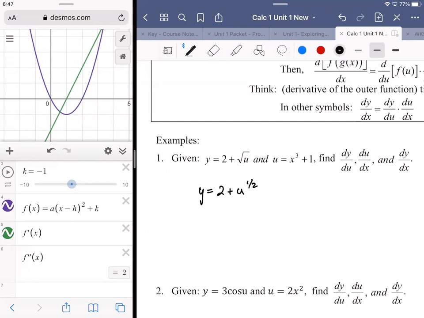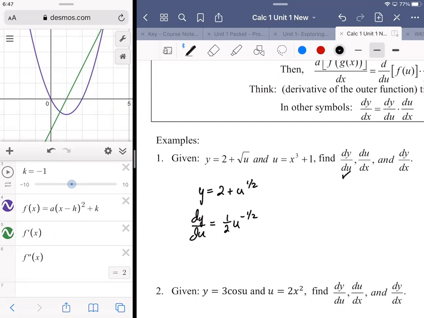This is just saying take the derivative of that. Just in your mind, say, okay, I'm working with a u instead of an x. And that's fine. dy du: the 2 goes away, the derivative of 2 is 0. u to the 1/2 would be 1/2 u to the negative 1/2. So, mission accomplished.